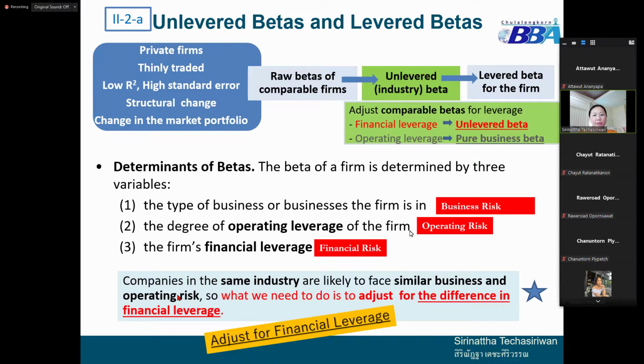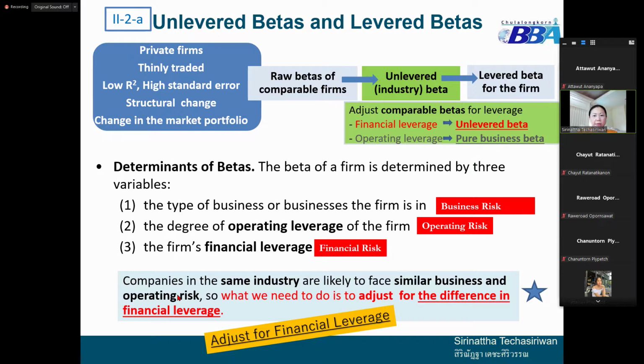But in terms of operating risk and financial risk, sometimes we cannot find a company with exactly or really close capital structure or cost structure compared to the company that we analyze, especially the capital structure, the financial risk, the level of debt.